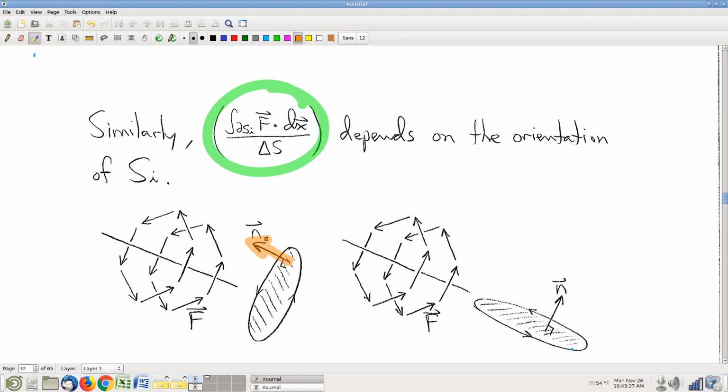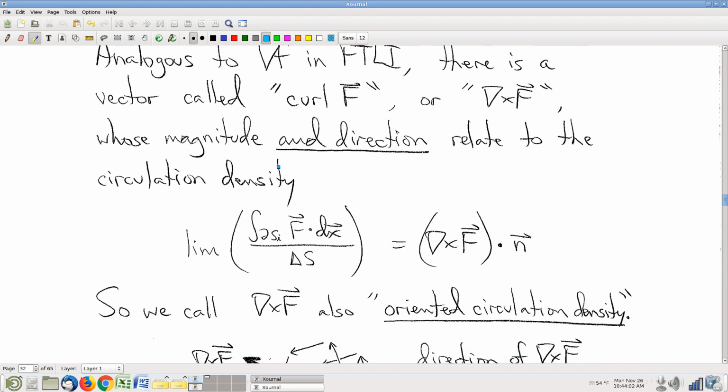And then, by analogy, we need a vector that is pointing along the axis the fluid is going around, so that I can compare it to the direction of the normal vector that the boundary is going around. This is something we can actually get our hands on and compute, and here's how it plays out.